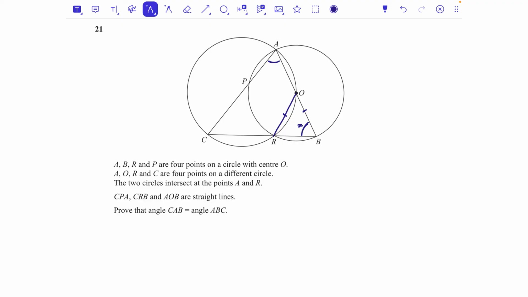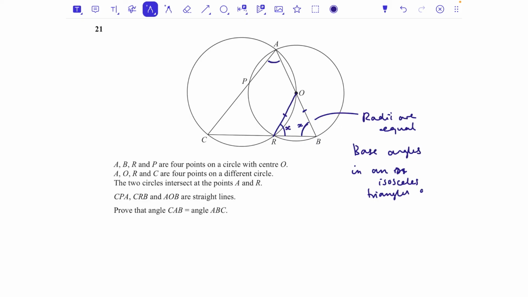And because those two lengths are equal, I know that this angle here will also be X. So the reason I've used there is that radii are equal and base angles in an isosceles triangle are equal.